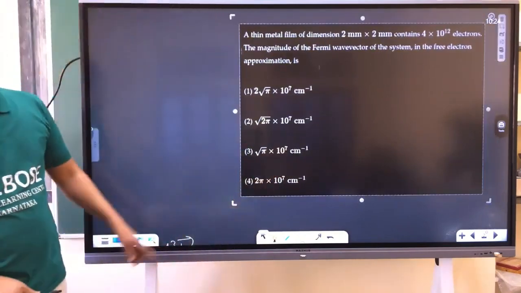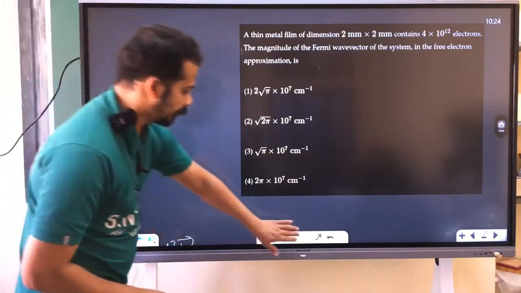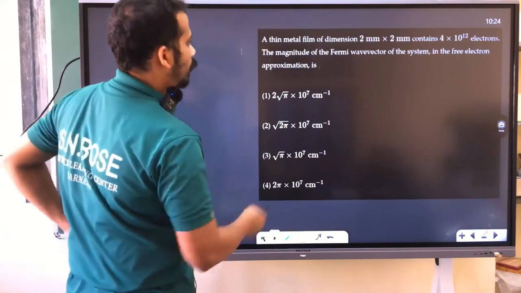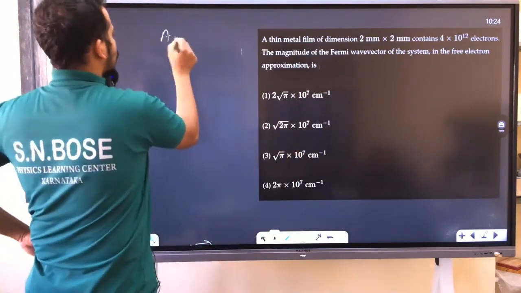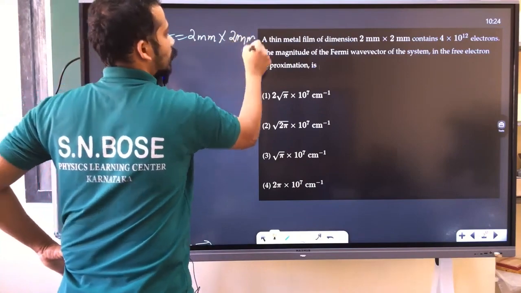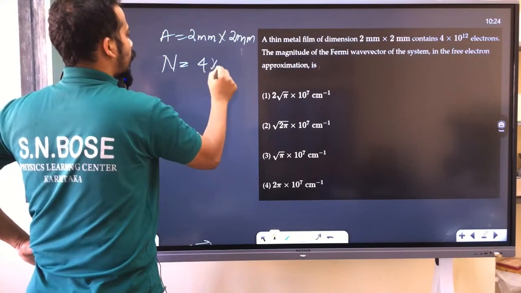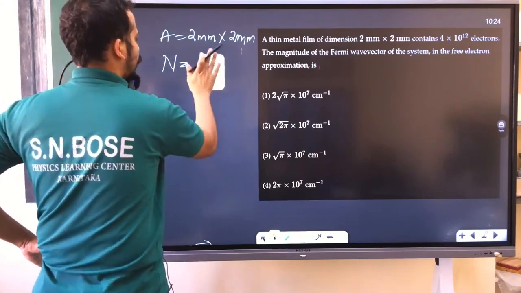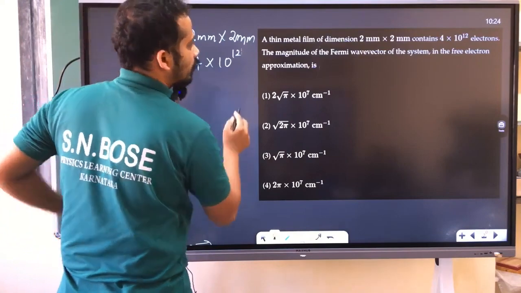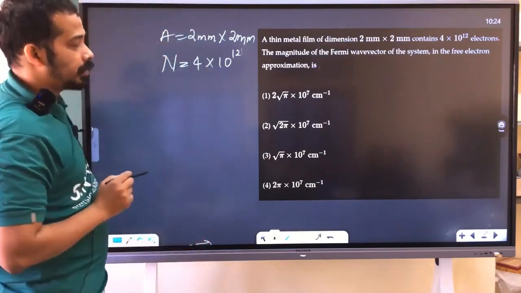Should I make it a little larger? Area is given, area is equal to 2 millimeter cross 2 millimeter. Then the number is given: 4 into 10 to the power 12 electrons. Find the magnitude of the Fermi wave vector of the system in the free electron approximation.